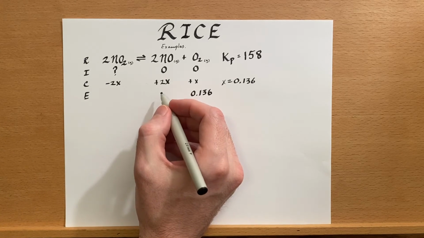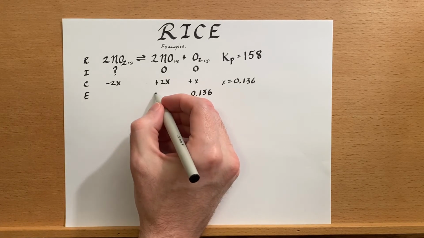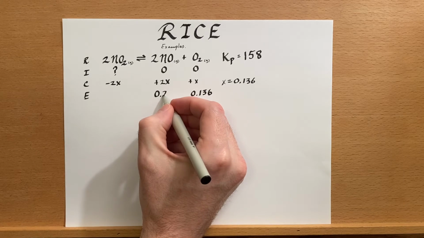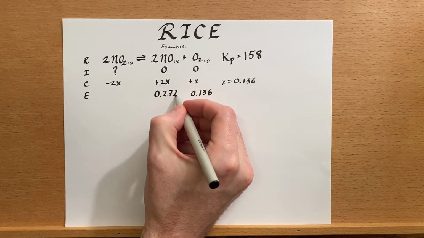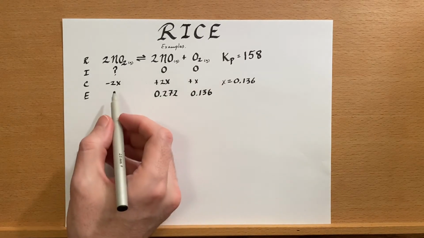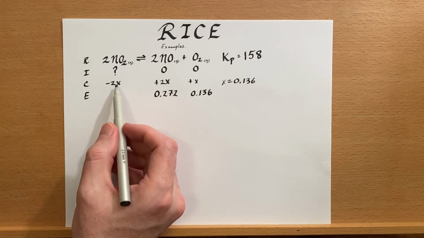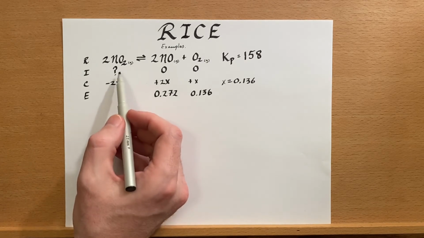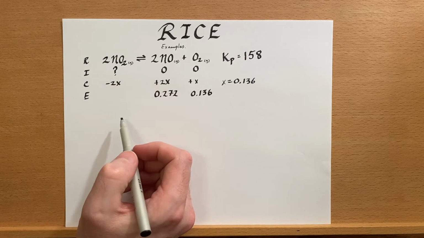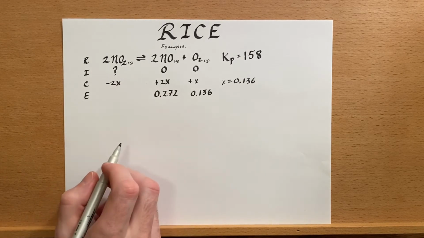That will be 0.272. Now, knowing how much x is actually doesn't help me over here because I don't know how much I started with. So we'll have to find that out another way.